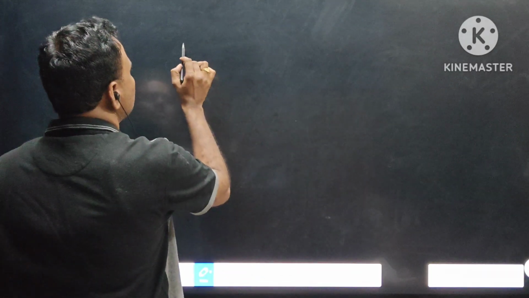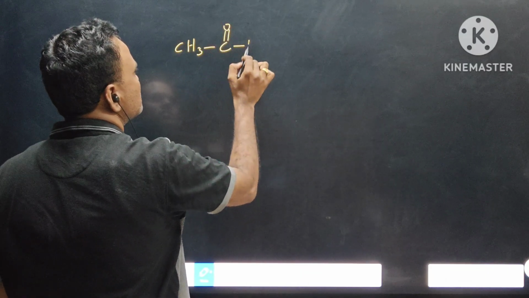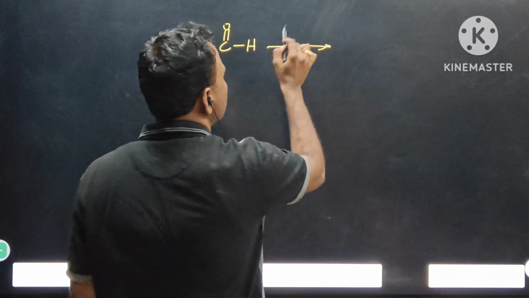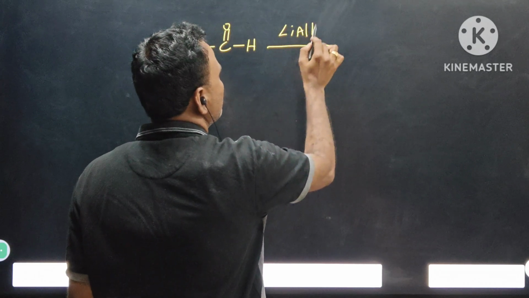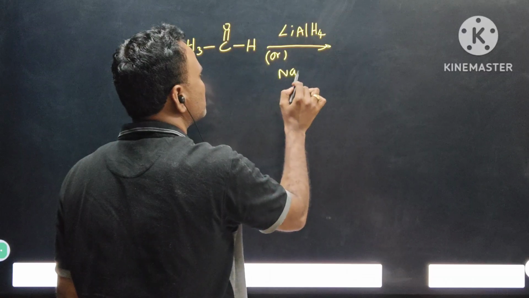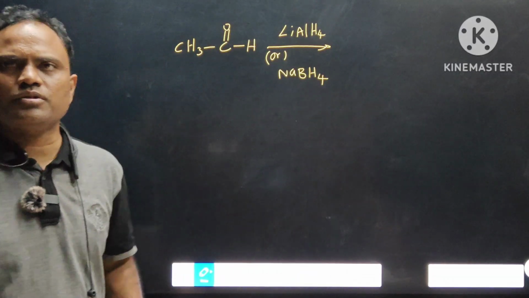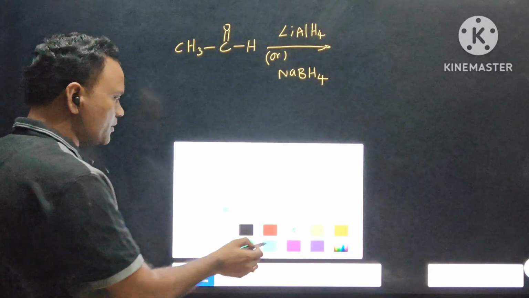Once again, I am giving yesterday's examples. All of you look at this. Some students didn't listen in yesterday's class. LiAlH4 or NaBH4. See this, very simple shortcut mechanism.